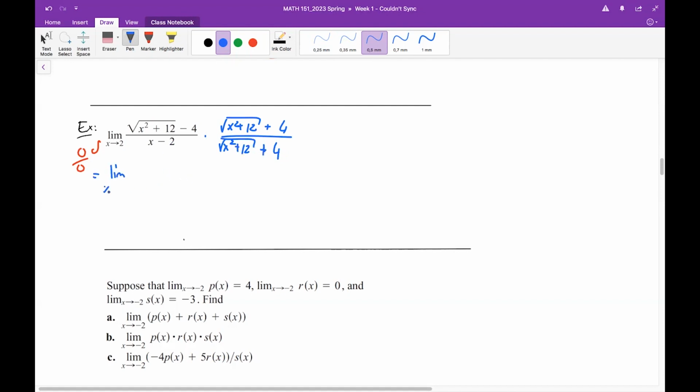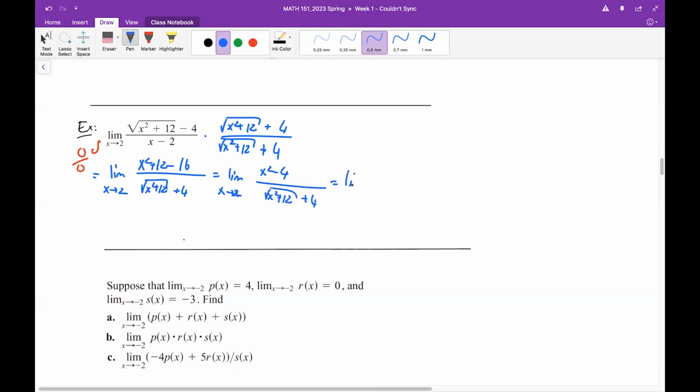Then, as x goes to 2, this is the a minus b, a plus b form. You know, that's why I will quickly multiply them as a squared minus b squared, right? Like this, x squared plus 12 plus 4. So what do we have? X goes to 2. This is x squared minus 4, and in the denominator, nothing to do.